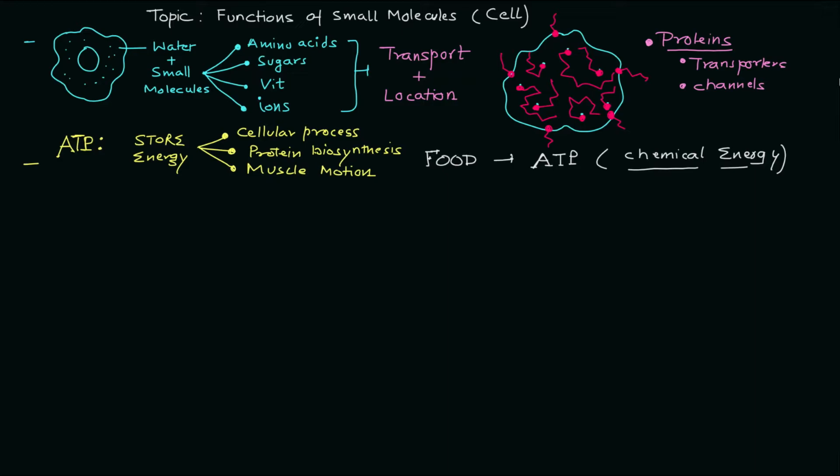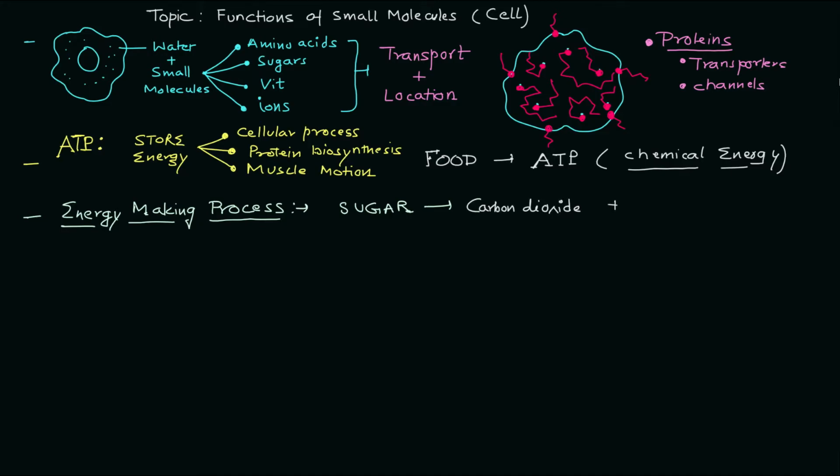So the role of this small molecule is to store energy, and the energy making process basically involves the degradation of sugar molecules into carbon dioxide, CO2, and water. During that process, you get ATP molecules, and then these ATP molecules are used when a cell requires energy, right?